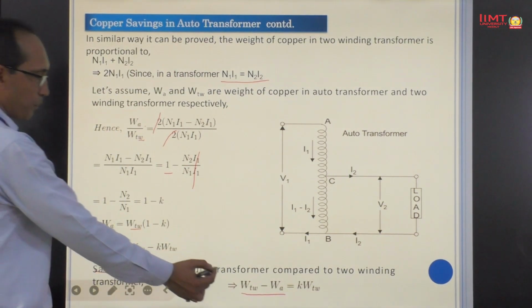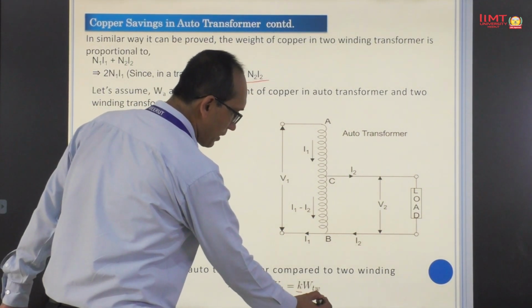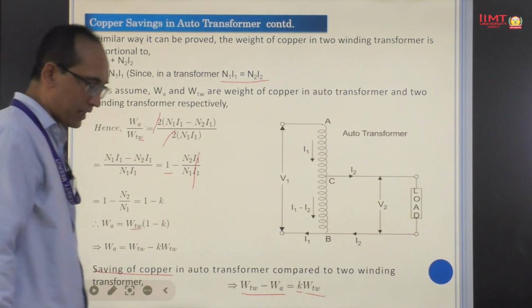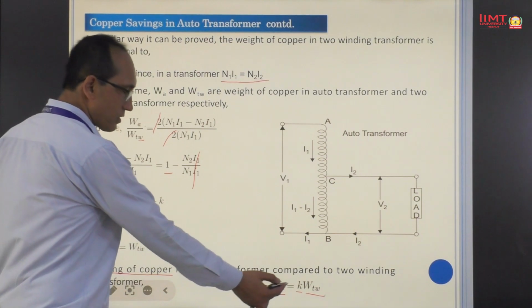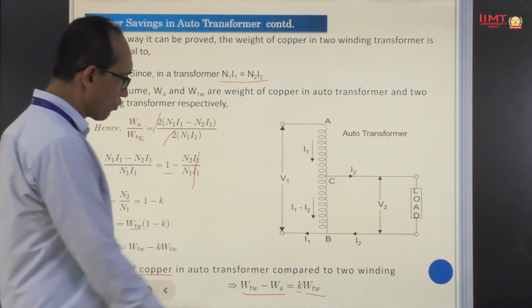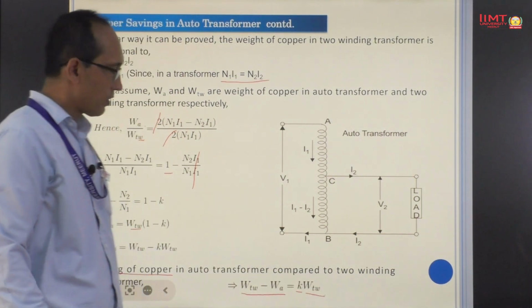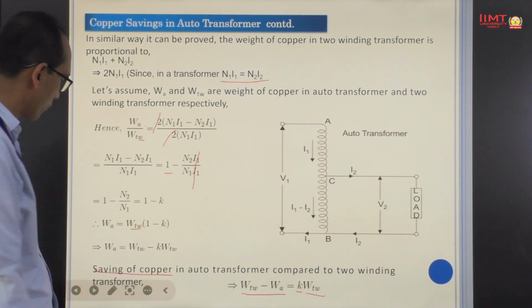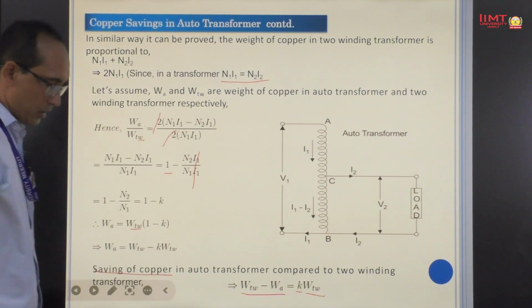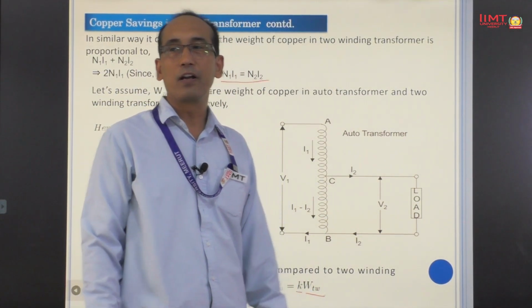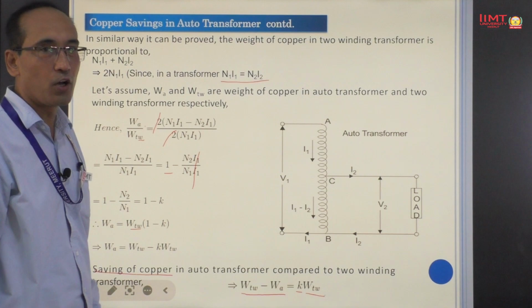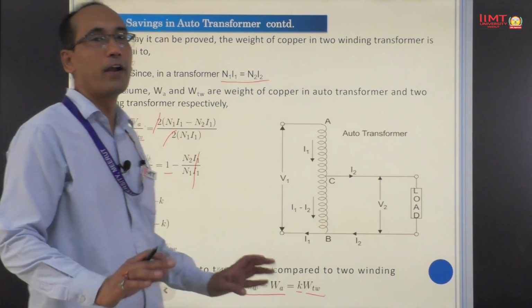That is equal to K multiplied by WTW, and we know K is less than 1. So the saving is K multiplied by the weight of copper of the two winding transformer. In this way we can prove there will definitely be a saving in copper material in an auto transformer as compared to a two winding transformer.